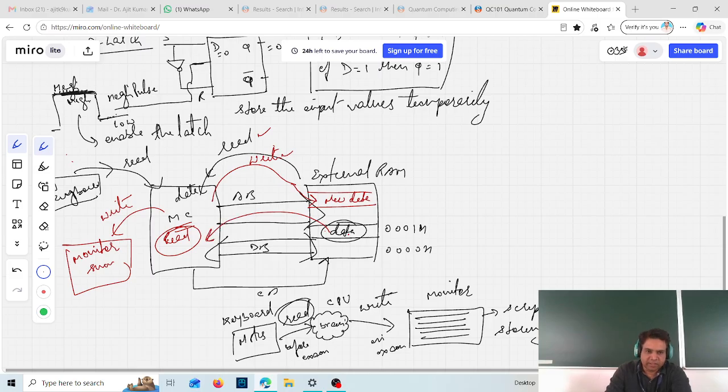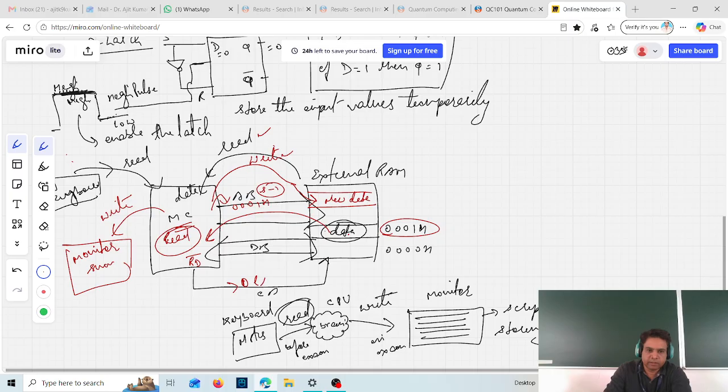Now you know what the steps are here. First of all, this address 0001 will be loaded on the address bus by the microcontroller, and this is step 1. In step 2, it will send a memory read control signal to the RD pin. Through that RD pin, it is going to send a read signal.